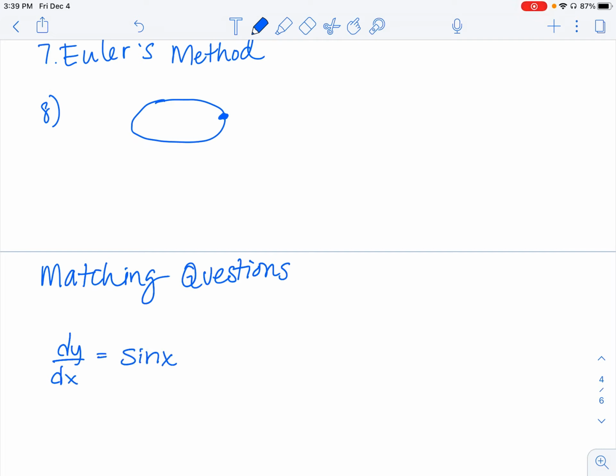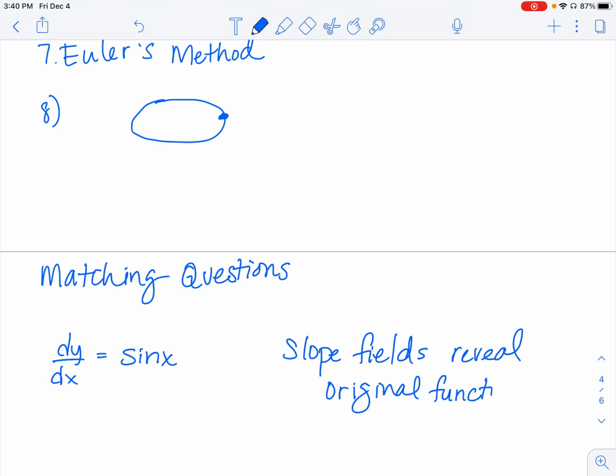When you have to match which of these slope fields represents this, remember slope fields reveal the original function, because they're giving you the picture of what all these possible functions look like with a constant repeated over and over again. Okay, so what you have to remember is that if I take the integral, this is going to be negative cosine x plus c. So I'm looking for a negative cosine graph, okay?